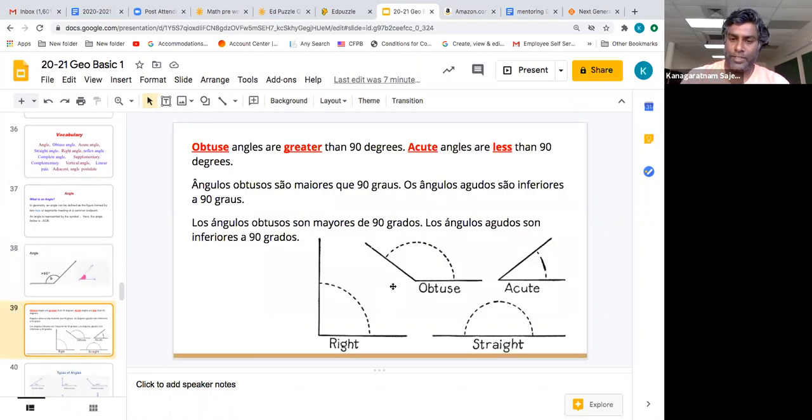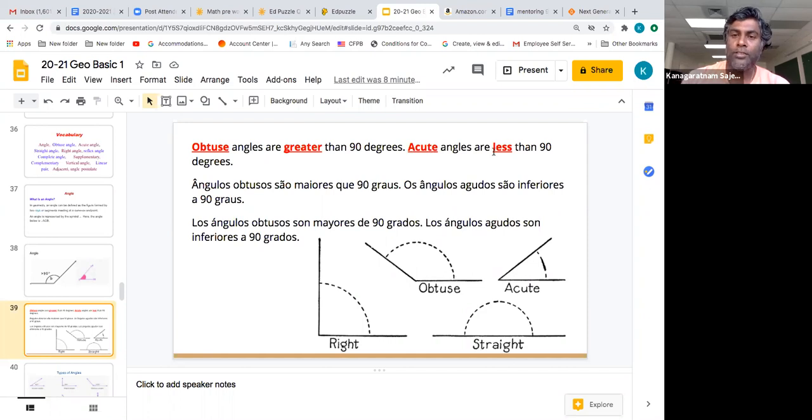Here are some figures that describe obtuse angle, acute angle, right angle, and straight angle. What is an obtuse angle? Obtuse angles are greater than 90 degrees. Degrees are the measurement of the angle. We will come back to how 90 degrees looks in later slides.